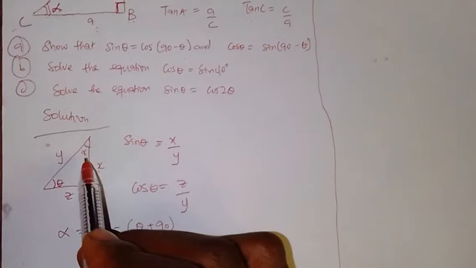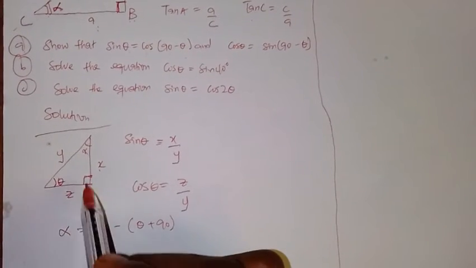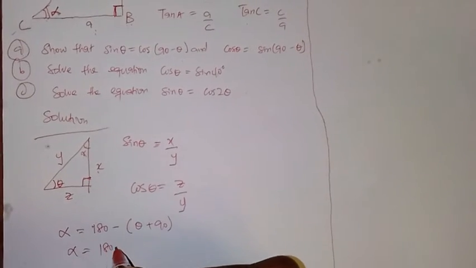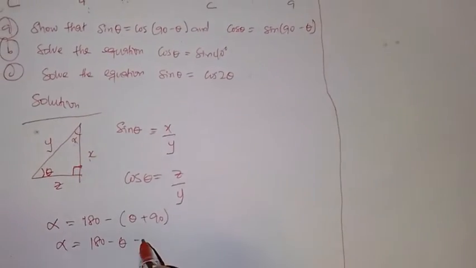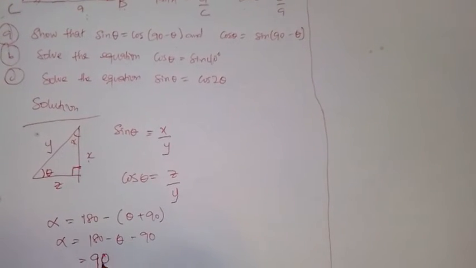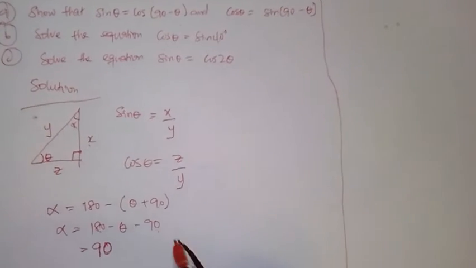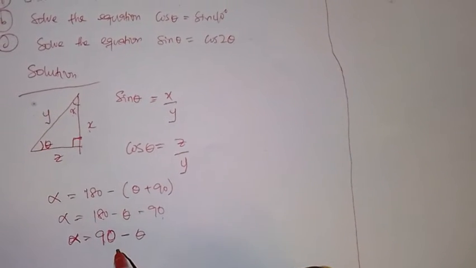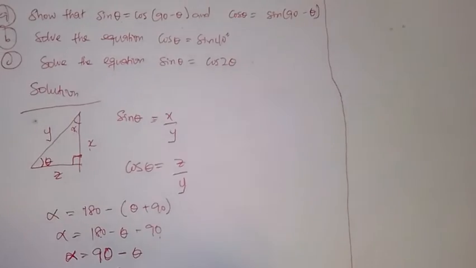Make this some sort of formula: 180 minus the sum of these two will give me my alpha. So alpha is 180, expanding, minus theta minus 90 degrees, which becomes 90, because 180 minus 90 is 90, and I still have minus theta. So my alpha is 90 minus theta.